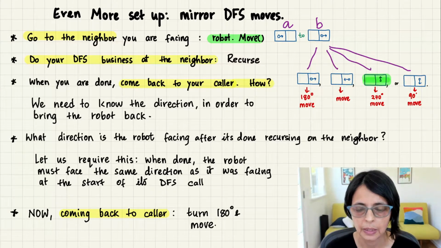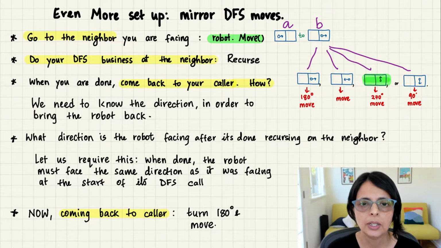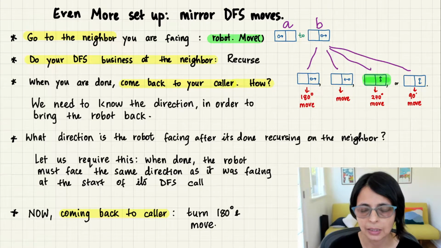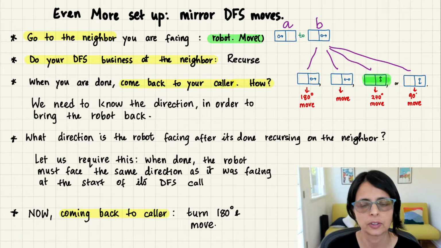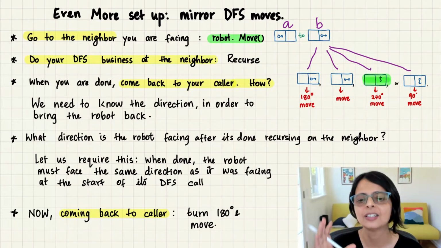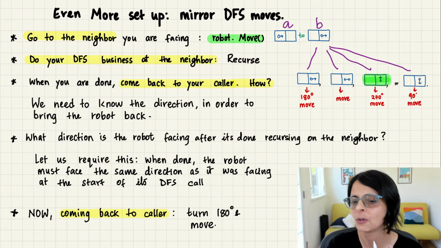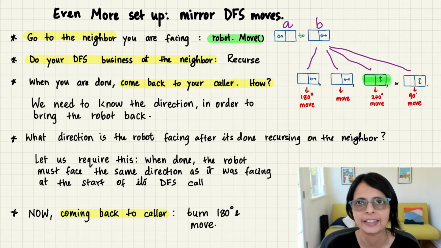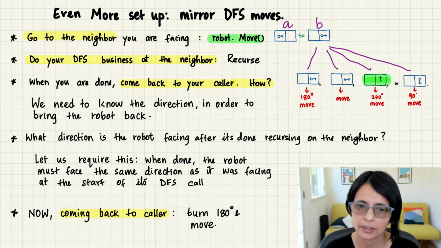So let's do this. This is actually not just setup towards the code, but it also helps us clarify the contract of our DFS calls. And again, those of you who have attended my classes know how excited I get about the clarity of the contract of a function before you write the function. I think you can avoid a lot of headache if you take some time to really clarify the contract.